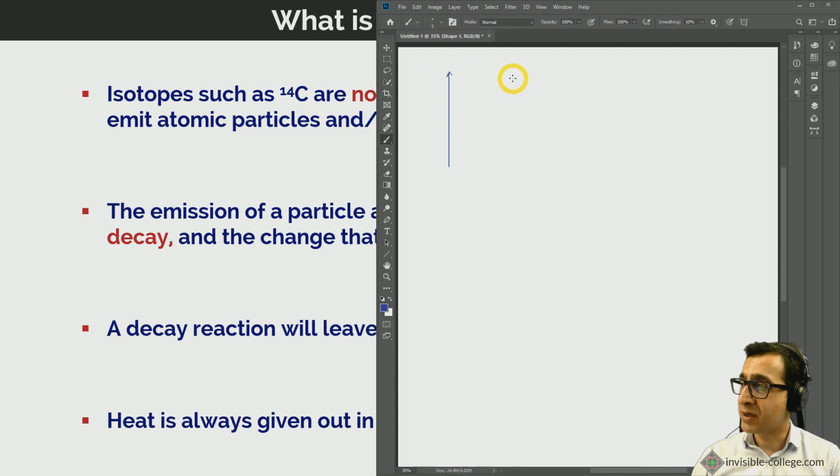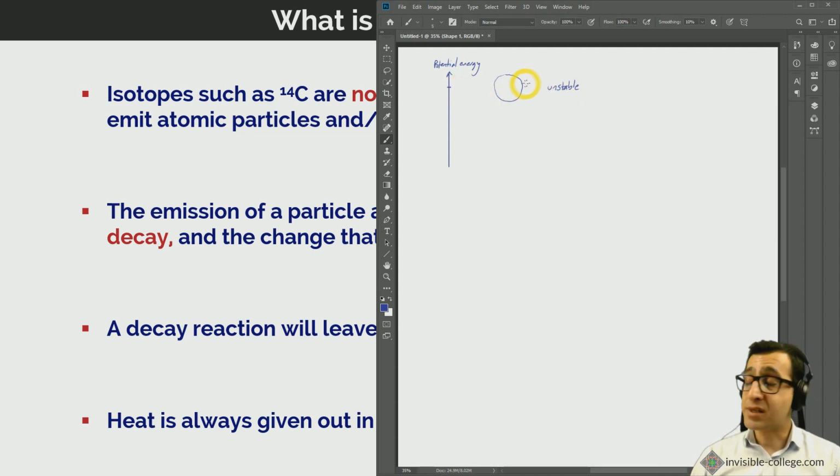So let's say we have an unstable nucleus here. The term unstable in this context describes a state of high potential energy. So this is our potential energy level. And this is what we mean when we say a nucleus is unstable.